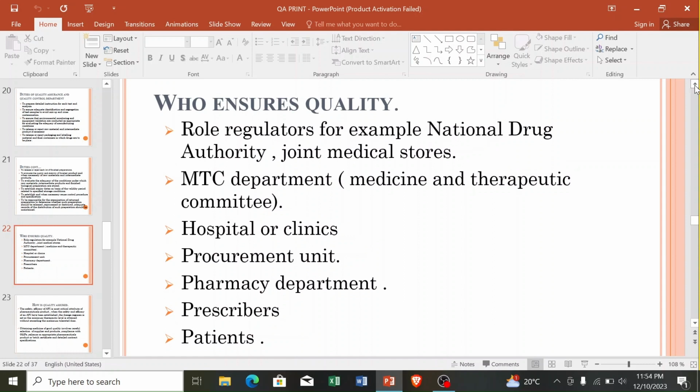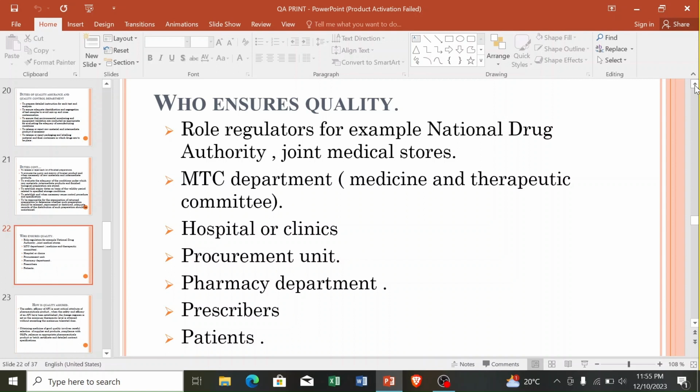So who should ensure quality? We have what we call regulatory bodies responsible for ensuring quality. That is the National Drug Authority and Joint Medical Stores, in the case of Uganda. And then we have WHO as well involved. It is a regulatory body.